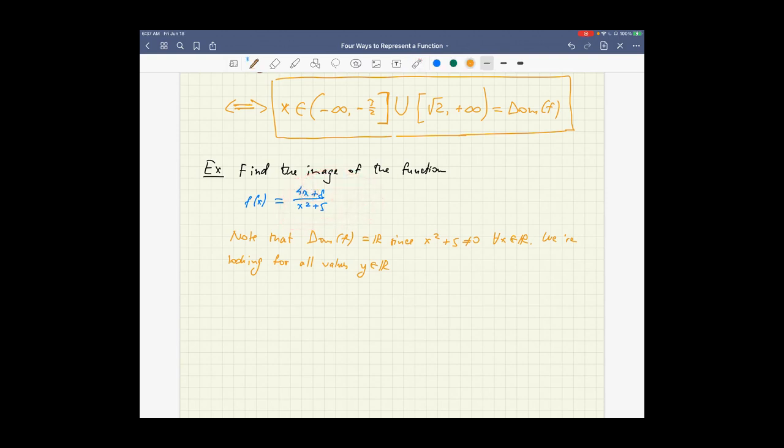All values y in R for which the equation 4x plus 8 over x squared plus 5 equals y has a solution in x. Right, so we can view y as a parameter.